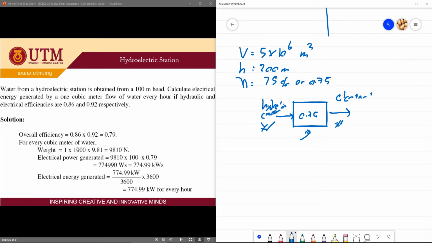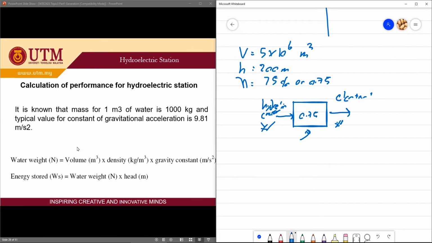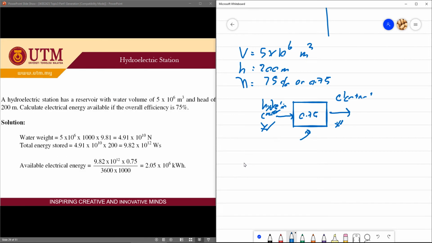So let me, okay, where is it? Okay, this one. So first you have to calculate the weight. So easier, I just use E hydro. This one is E electrical. Okay, so weight of the water is equal to V, density and gravity. So volume is given, 5 multiplied by 10 power of 6.